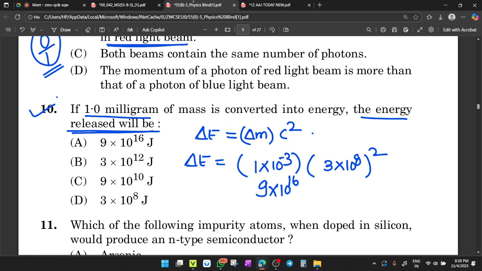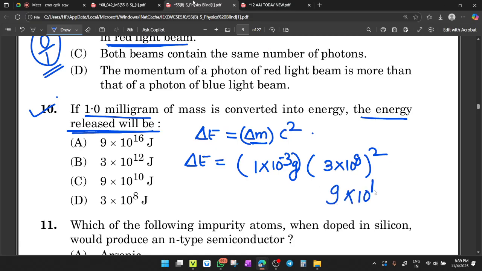Students, it first has to be converted into kilograms. That's why the mistake is there. So 1 milligram equals 10 to the power minus 3 gram. Now this is equals to 9 into 10 to the power 16. Now 1 gram equals how many kilograms? 10 to the power minus 3 kilogram, because 1 gram equals 1 upon 1000 kilogram.